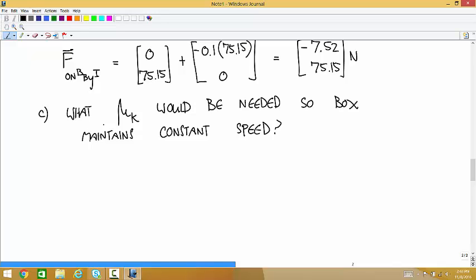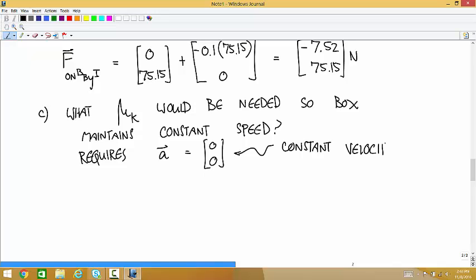And so we're going to say that requires that the acceleration vector is equal to 0, 0. An acceleration vector of 0, 0 is the same thing as saying constant velocity.